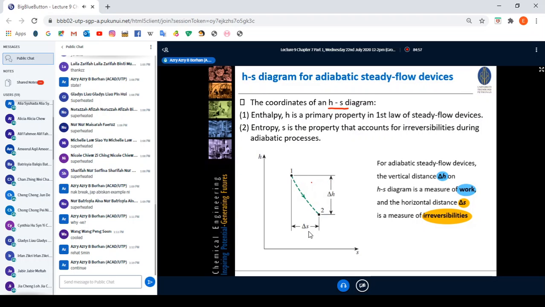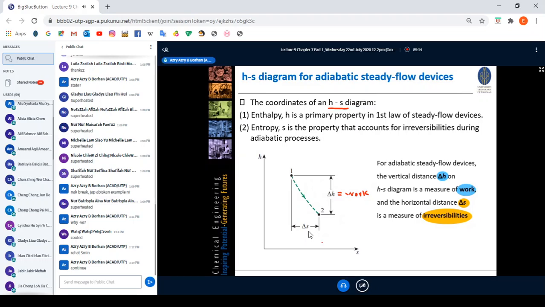The difference between state 1 and state 2 for delta H is actually the measurement for your work component, right?